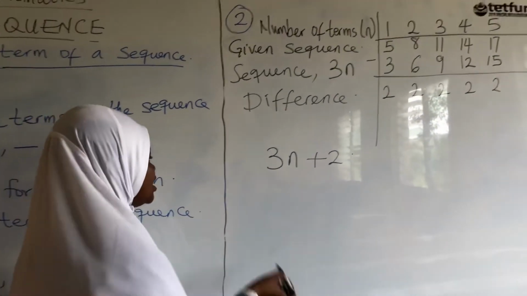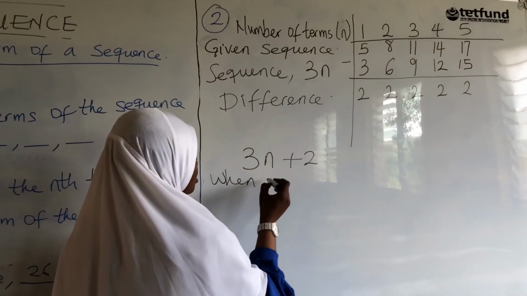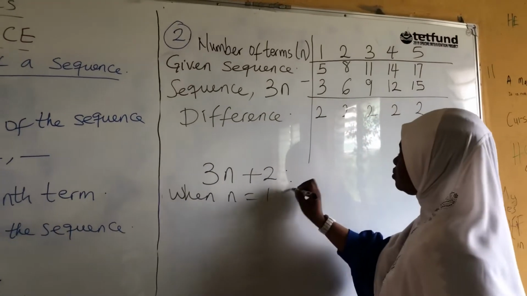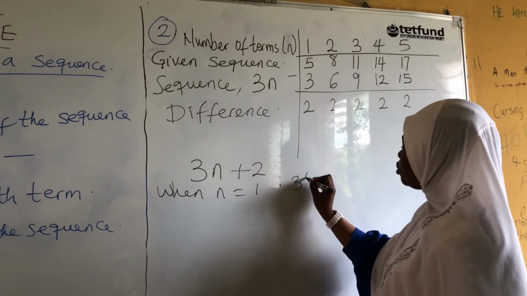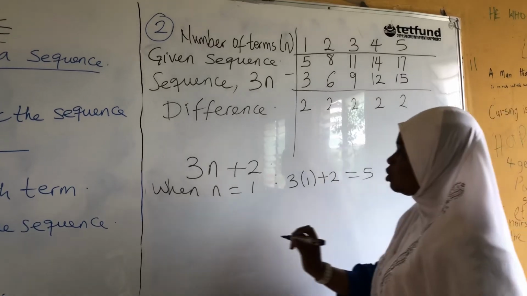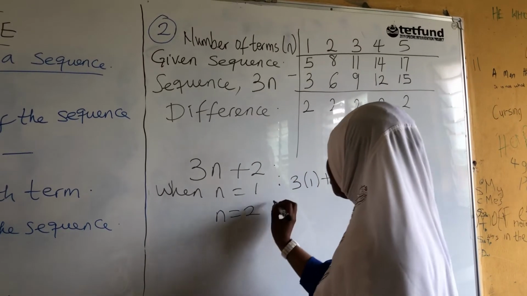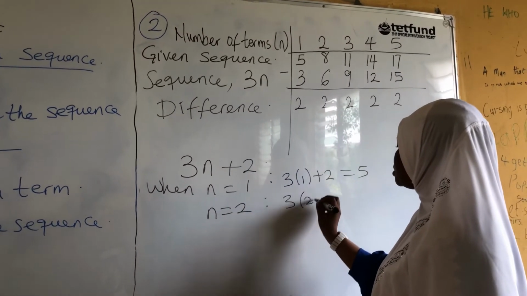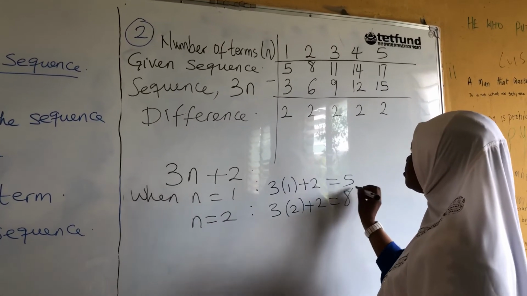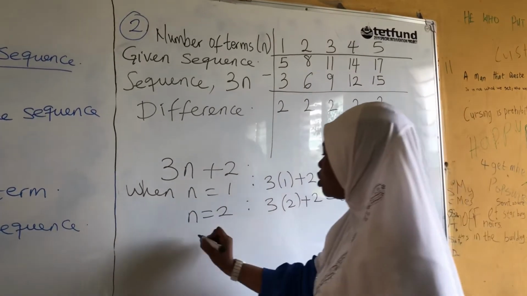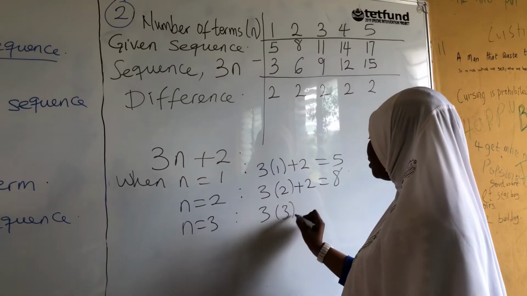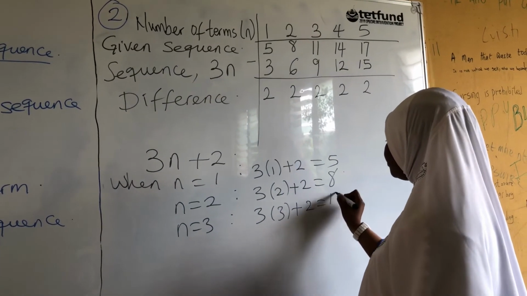So let's test it. When n is equal to 1, what do you have? 3 multiplied by 1 plus 2, which is equal to 5. When n is equal to 2, we have 3 multiplied by 2, 6, plus 2, 8. When n is equal to 3, 3 multiplied by 3, 9, plus 2, gives 11.